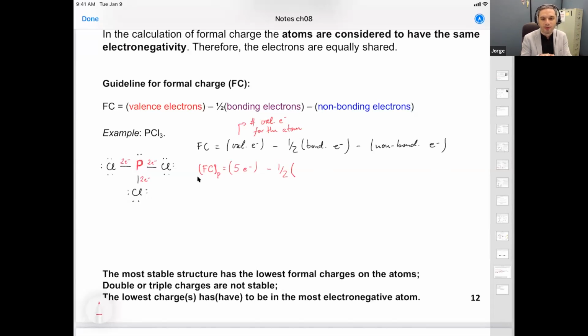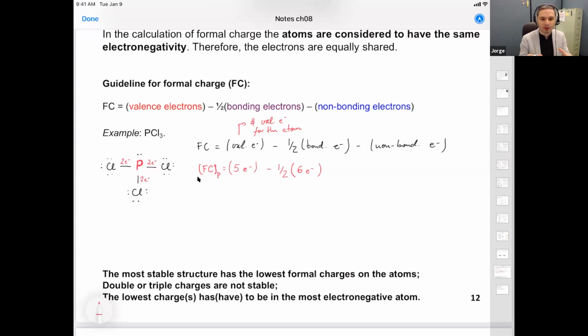Therefore, phosphorus is using 6 electrons to make all the chemical bonds, and that's going to be the number of bonding electrons. Remember that each covalent bond counts as 2 electrons if they are single bonds.